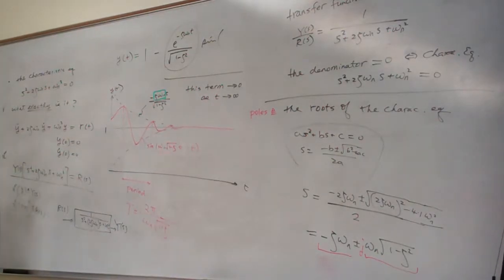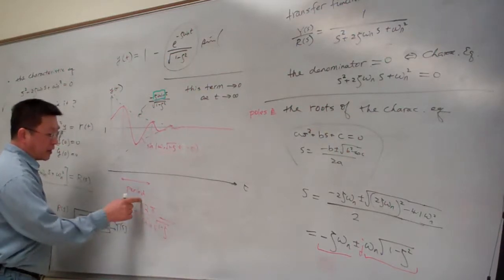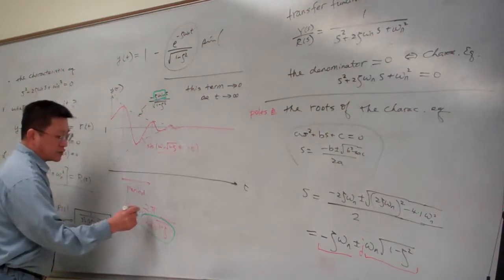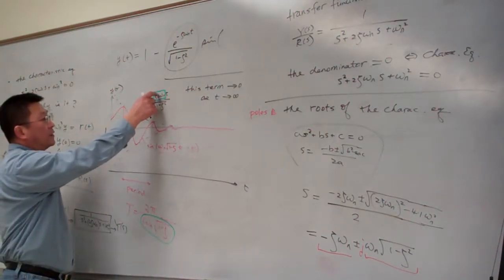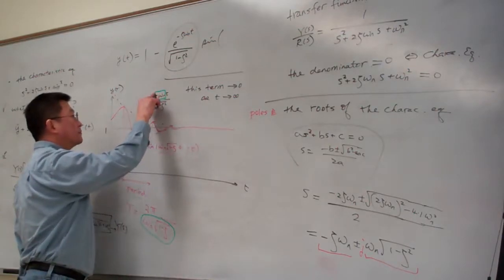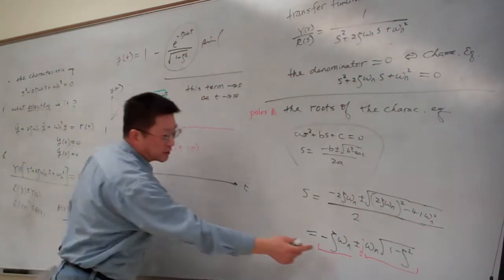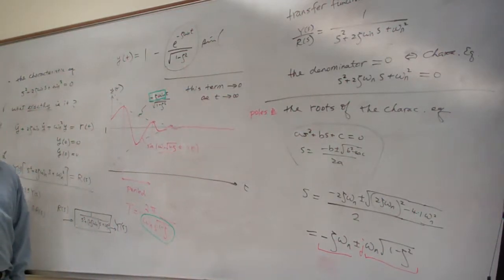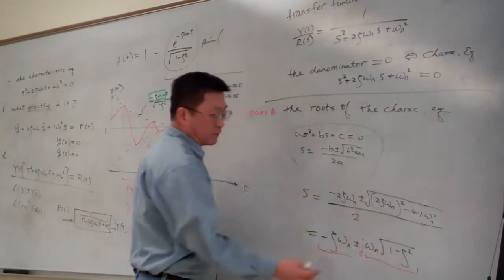The second one is how frequent the oscillation will be, and that is governed by this part. Actually, it's governed by the oscillation frequency. So from here, you can see this one is, let me include the minus here, the real part of the poles. This part is the imaginary part of the poles.